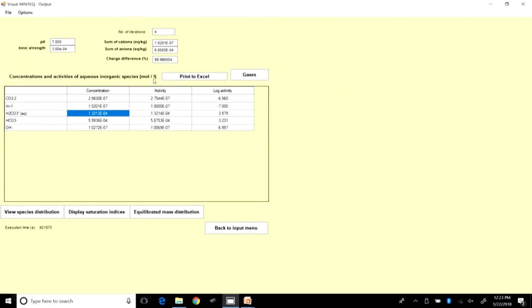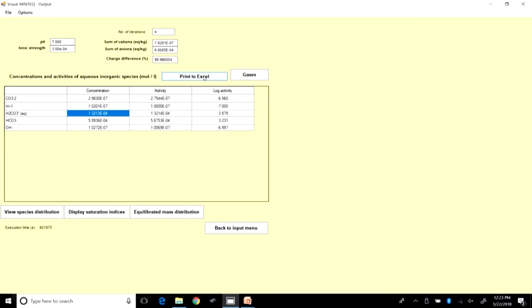Again, what are we up to here? I am trying to calculate the component balance in terms of CO3 total, and because VMINTEQ can't do that by itself, we plugged in pH, and in parameters we plugged in alkalinity in equivalents per liter, and then looking at the relevant species I can calculate the CO3 total. Let us come back to this. Obviously, I can print it to Excel and get the species concentrations.